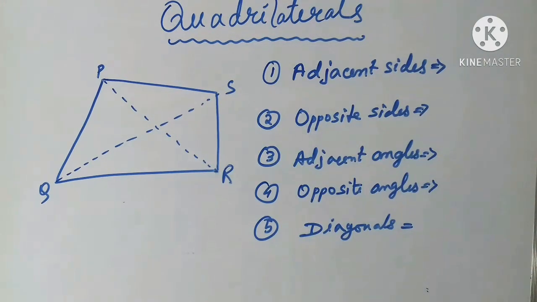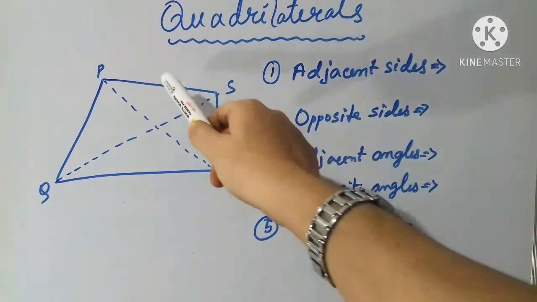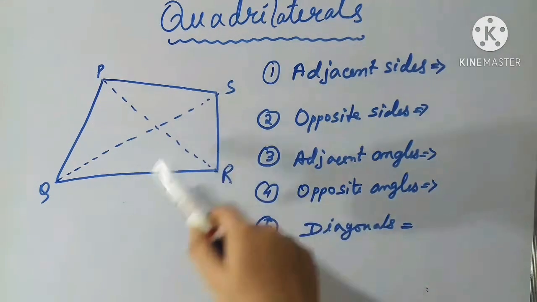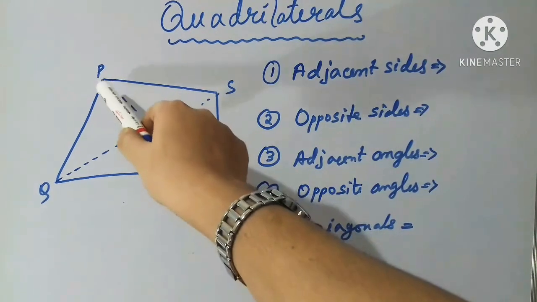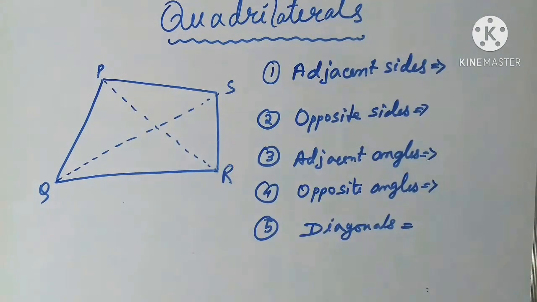So let's discuss some basic elements of a quadrilateral. First of all, the basic characteristic of a quadrilateral is that it has four sides, four vertices and four angles. You can see four sides here, 1, 2, 3, 4, and four angles, 1, 2, 3, 4, and four vertices.